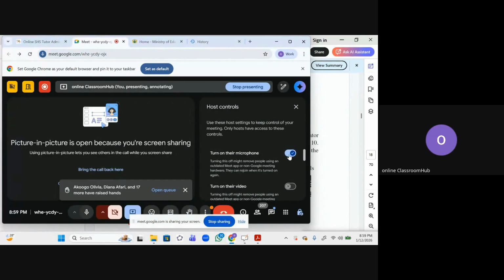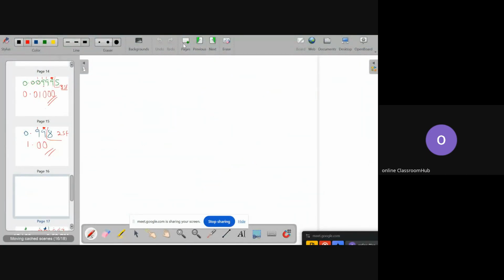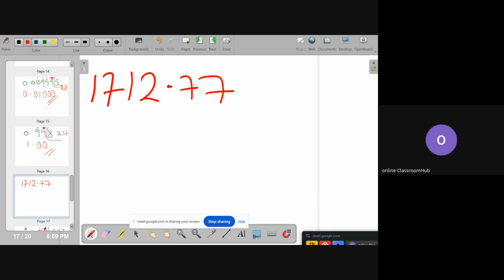All right, so take this example, and let's see how it's going to go. From what we've done so far, I want you to try this: 1712.776294.